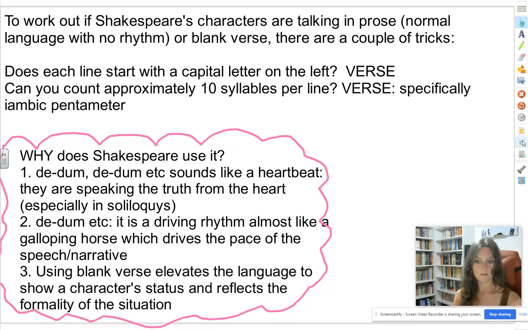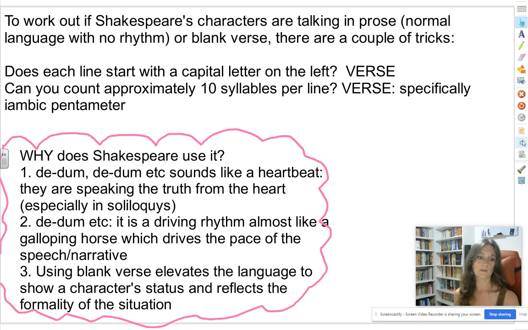The first thing is, if every line starts with a capital letter when you look down the left, then you can be pretty sure that it's written in verse. And then if you go into the text and count out the syllables, and there are approximately 10 syllables per line, then you can pretty well bet your bottom dollar that it's going to be iambic pentameter, and you could probably make it go di-dum di-dum di-dum di-dum di-dum.